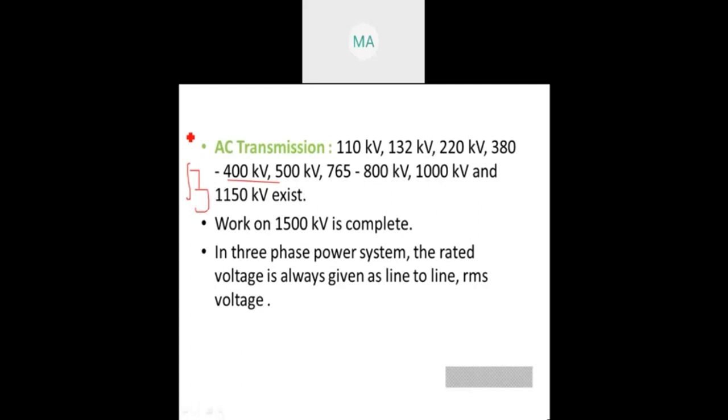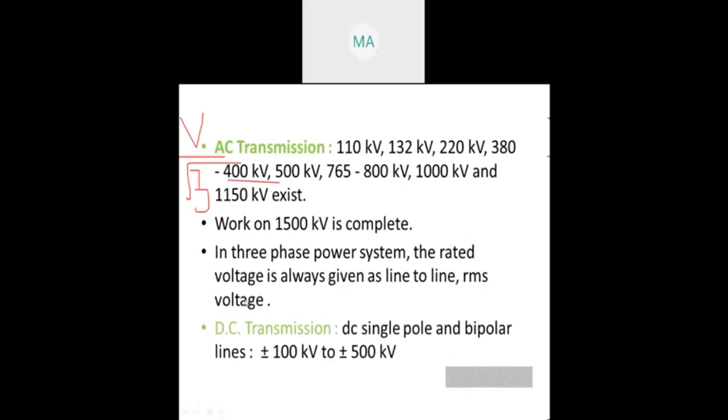If we want to find the phase voltage, it will be different: we divide the line voltage by root 3 to get the phase voltage.